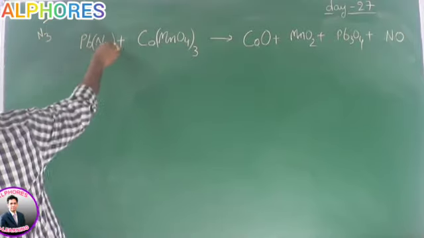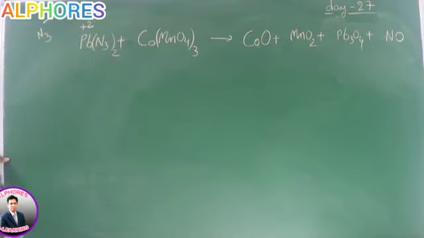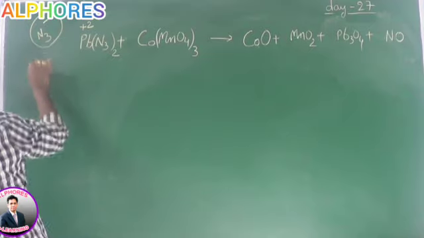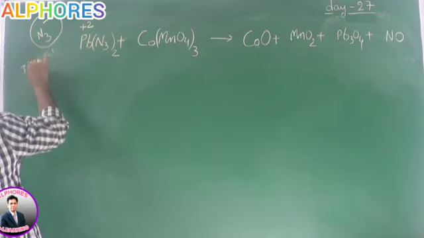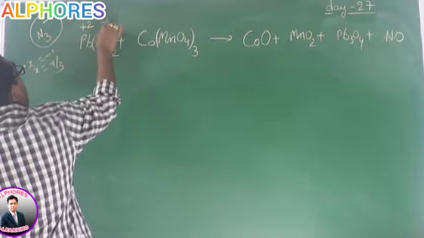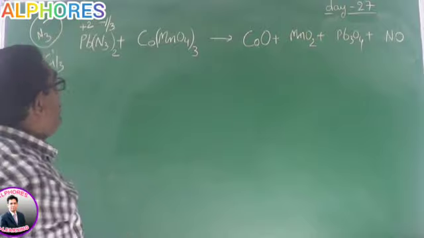For these two N3 minus, lead is +2. For 3 nitrogens the charge is -1, so 3x equals -1, x equals -1/3. So for this nitrogen the oxidation state is -1/3.